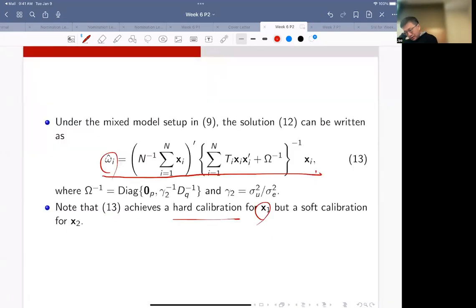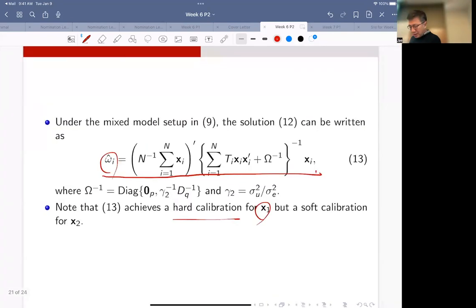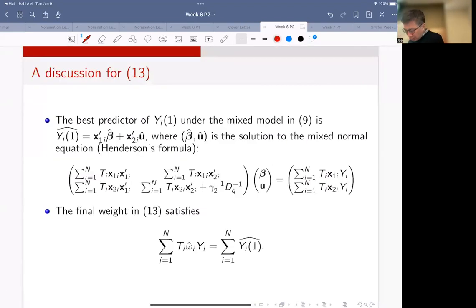Okay. Another way. So this is optimization with respect to omega. But you can actually directly use this relationship to obtain omega, with gamma infinity.